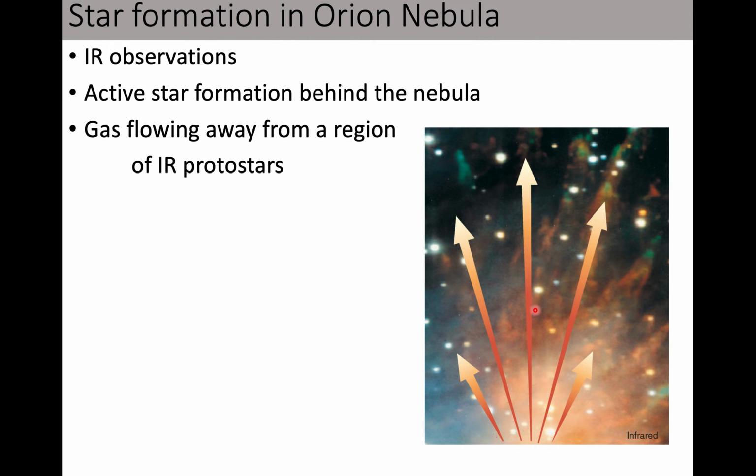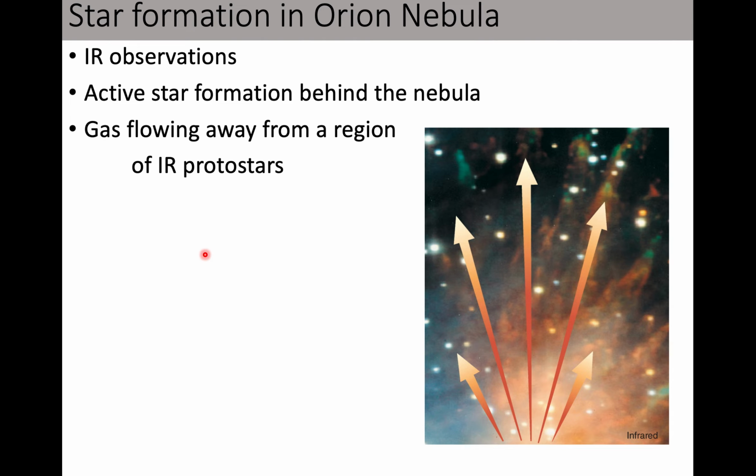So the formation of this Orion Nebula, this image here is also in the infrared. Of course, the arrows are not real. Those are added to show motion. We're able to study the formation of stars within the Orion Nebula using IR observations. So we're actually able to see that active star formation behind the nebula by looking at where we have the intense output of infrared energy.